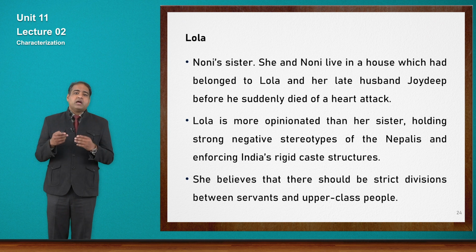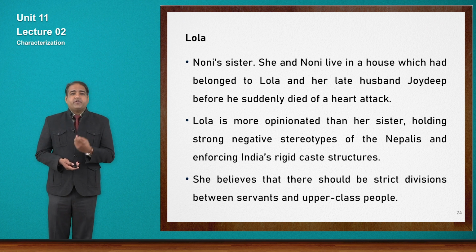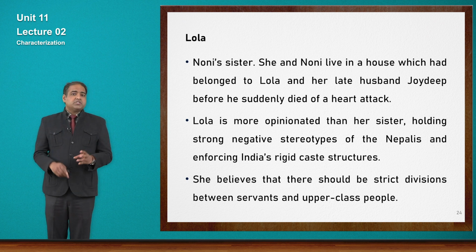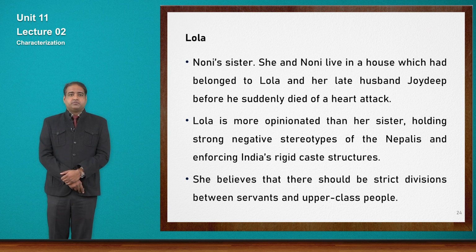Now this lady Lola hated Nepalis and Nepali culture. She wanted to prove herself as a protector of Indian classical culture and the caste system. So she was a rigid person. She believed that there should be strict divisions between servants and upper class people. So Lola was a class conscious lady. She wanted to separate the servant's identity from the master's.